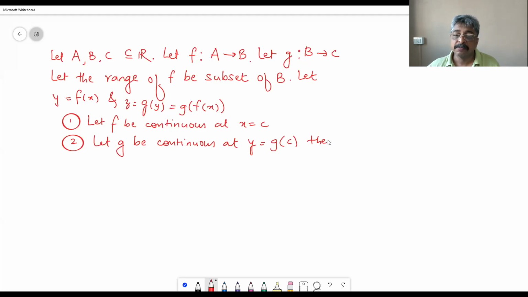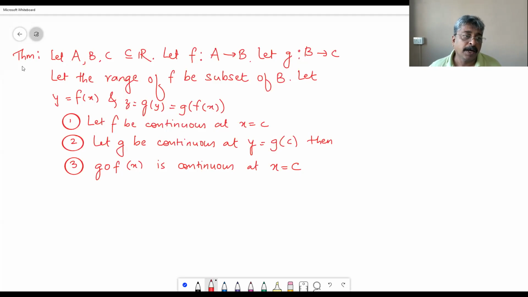Then three: g of f of x is continuous at x equal to c, right? So this is composition of functions, and we are trying to check continuity of composition.